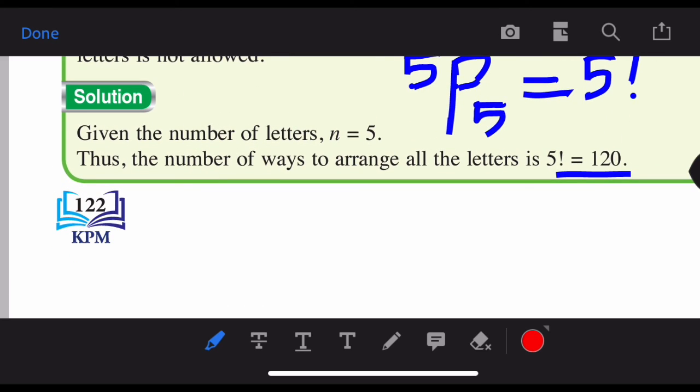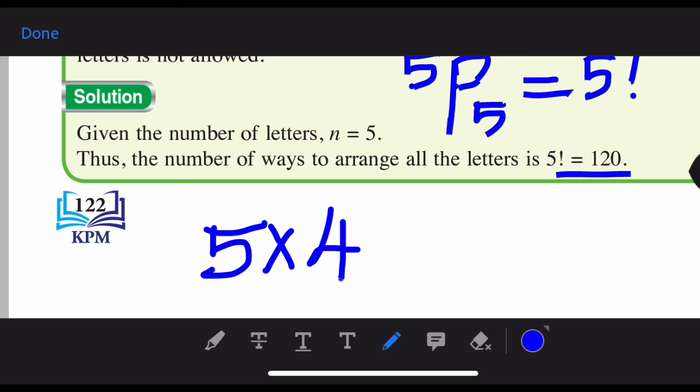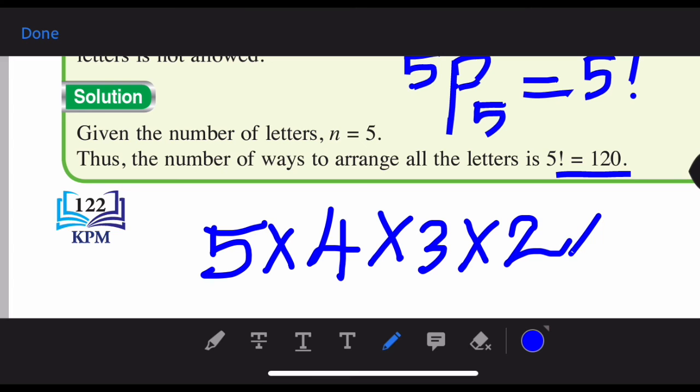Or you can give me the answer 5 times 5 minus 1 will be 4 times 5 minus 2 will be 3 times 5 minus 3 will be 2 times 5 minus 4 is 1, right?